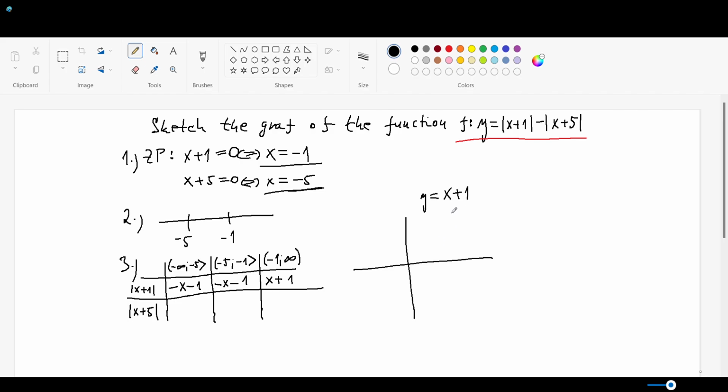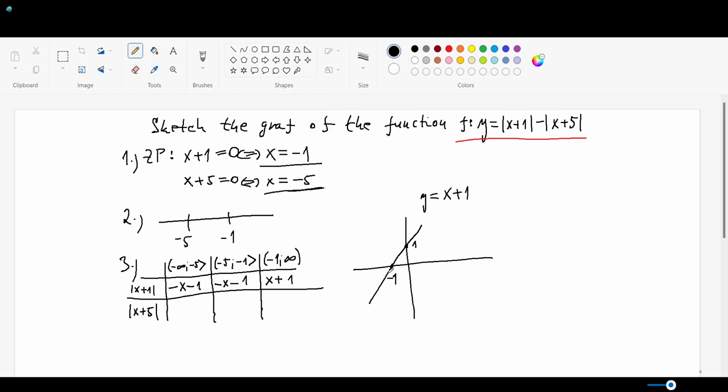We already know that this graph will look like this, and it will pass through the point 0, 1, which is here, and it will pass through the point -1, 0. We already know why. So here is my 0 point.